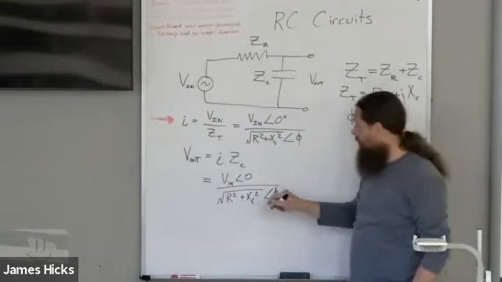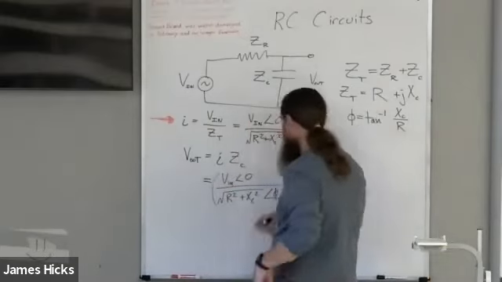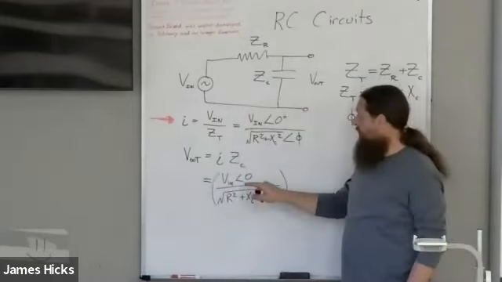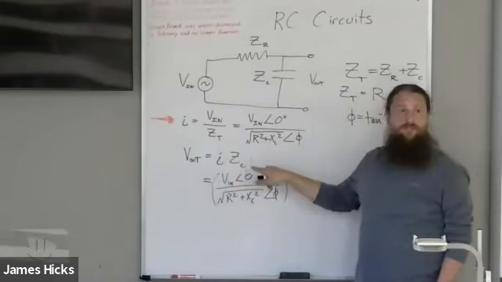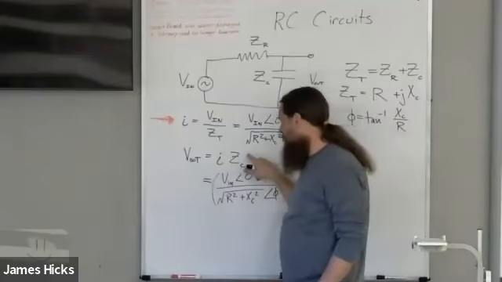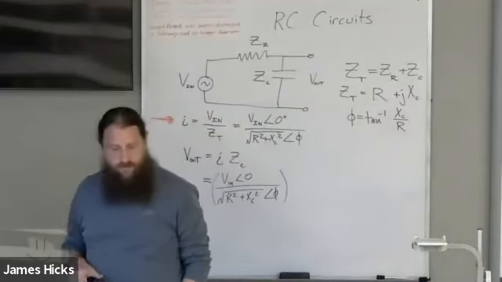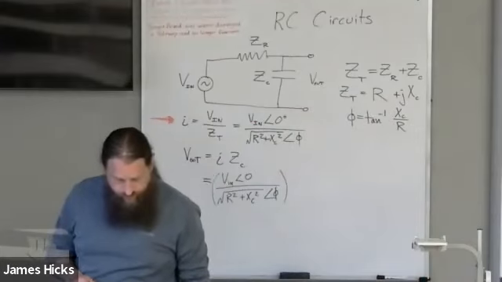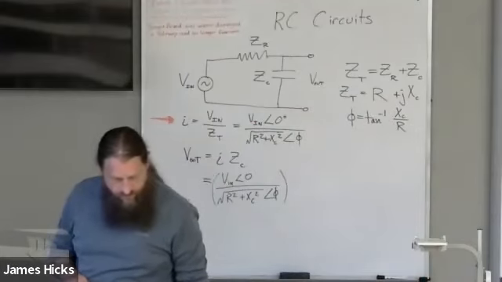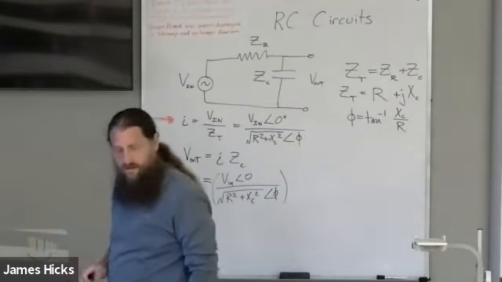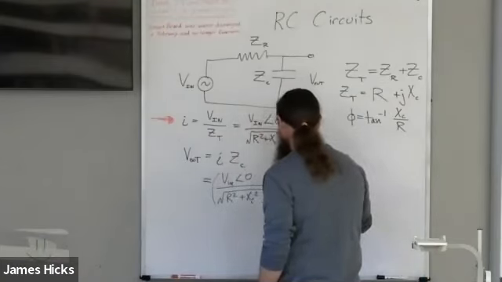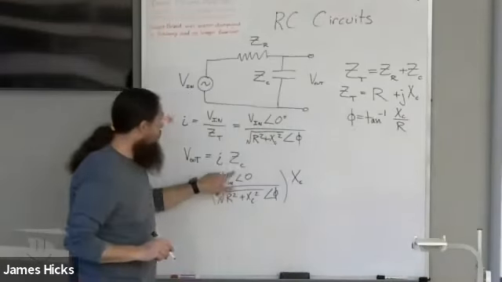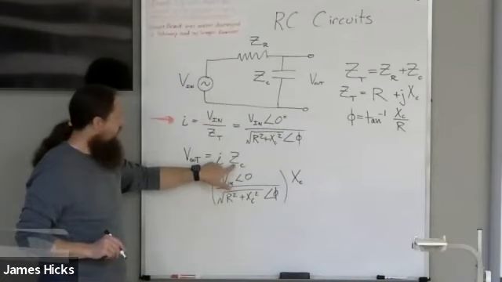That's in the denominator. So all of that is I. Now we need to put in the impedance of the capacitor. So that's going to be the reactance, XC.